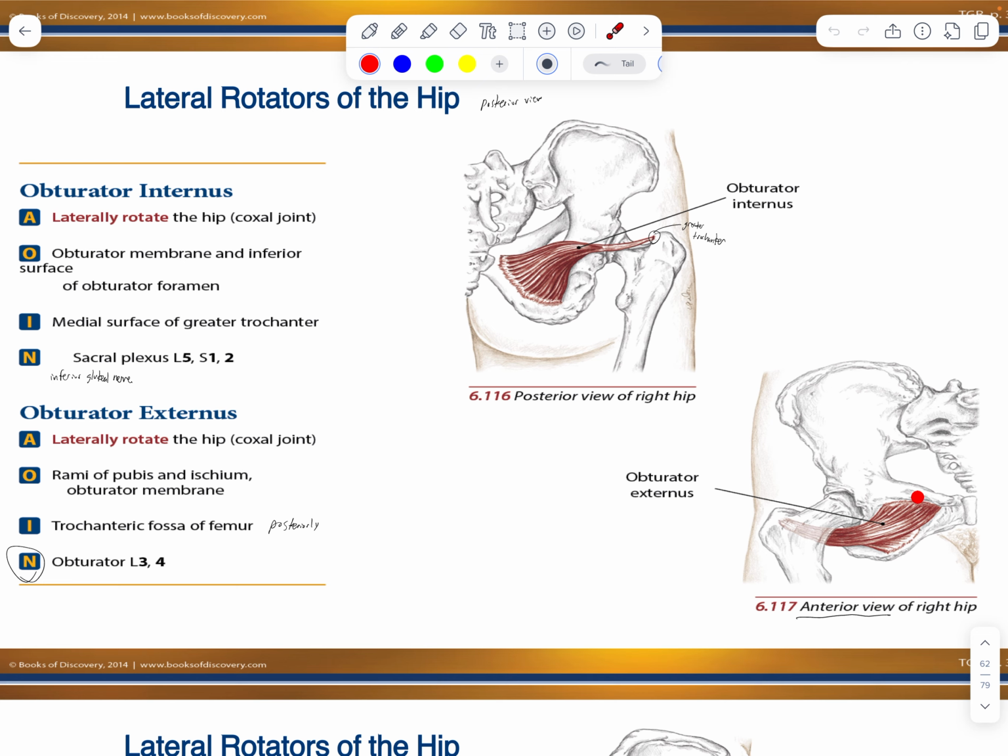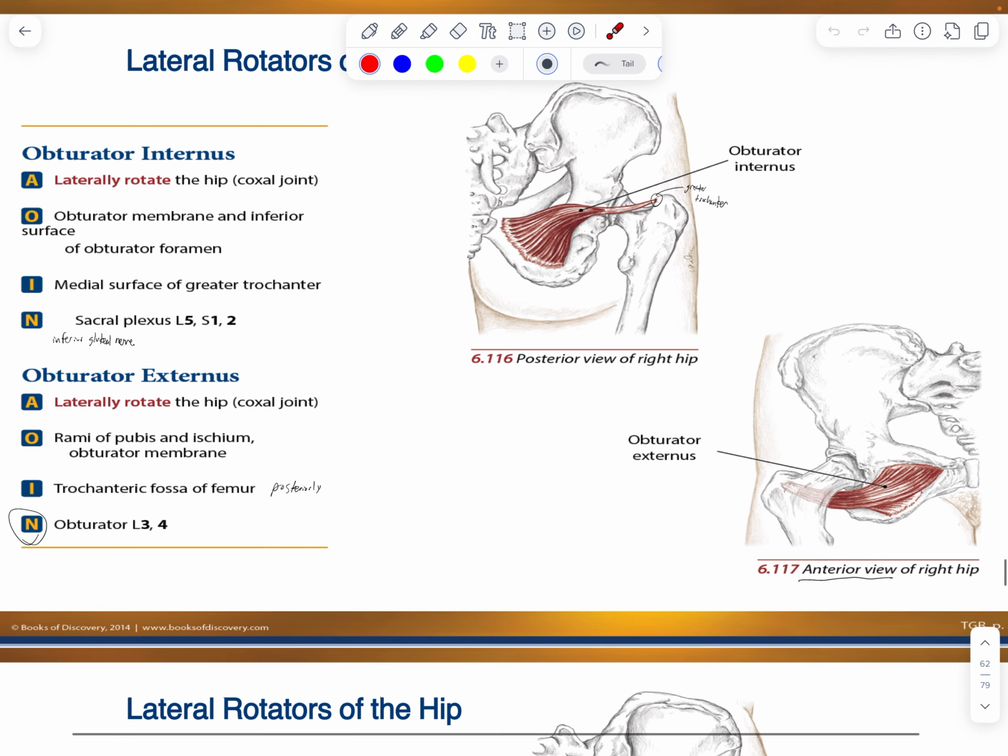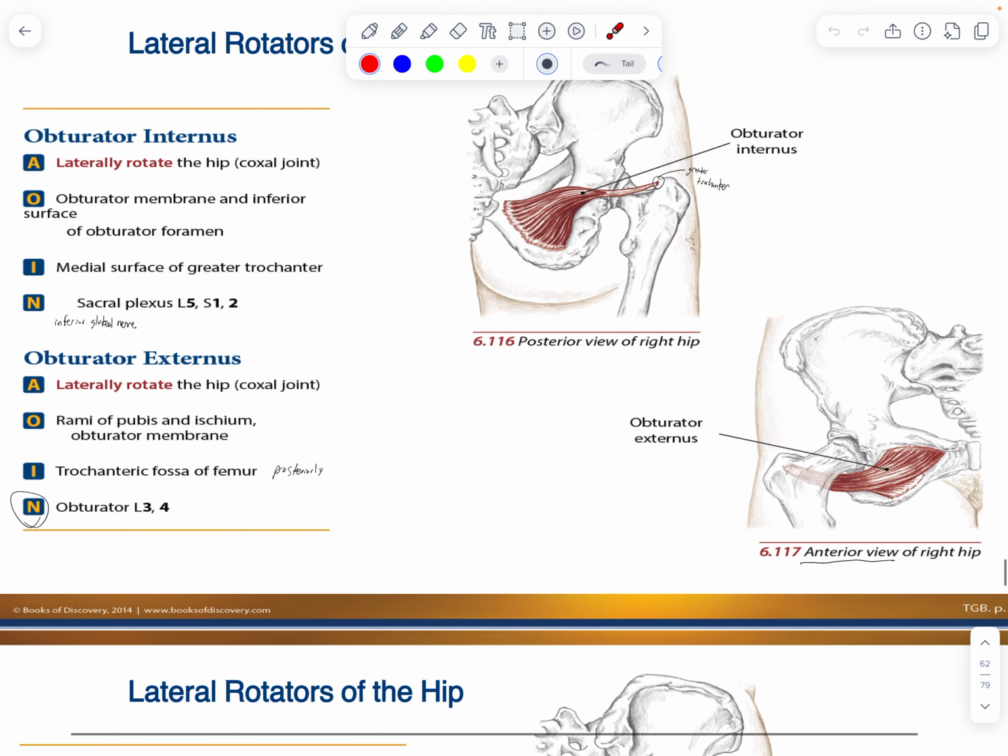We see that here and here. And let's look at the insertion. Trochanteric fossa of the femur. So that will be on that other side. It kind of wraps behind right there. Okay. And these both laterally rotate the hip. One action, same action. So obturator, think obturator, laterally rotate.